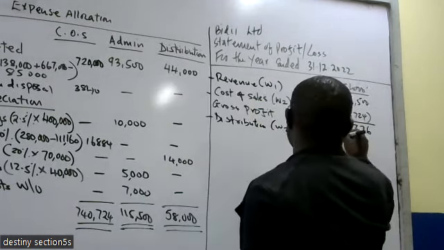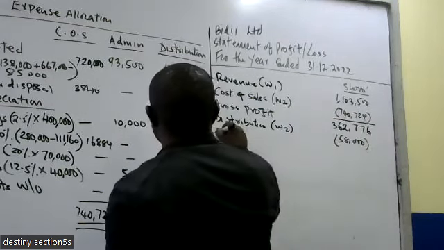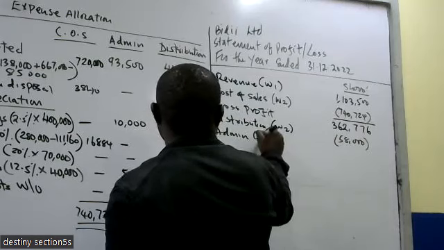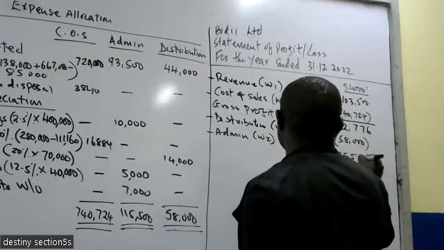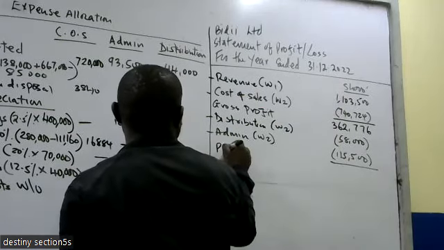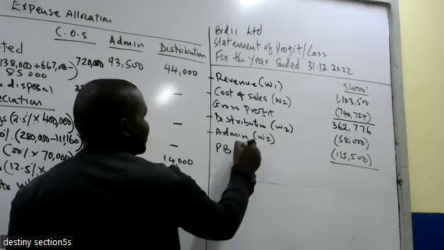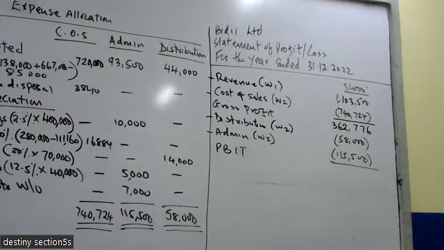We got 58. Administrative, admin, working 2. We got 115,500. So what you get is called profit before interest and tax. That is operating profits. So give me the profit before interest and tax.